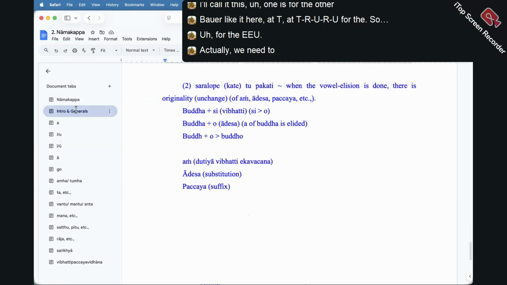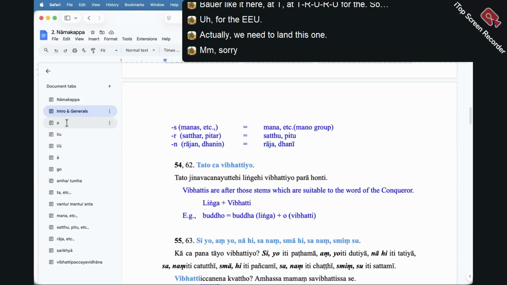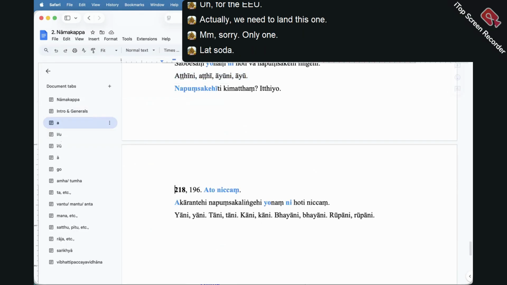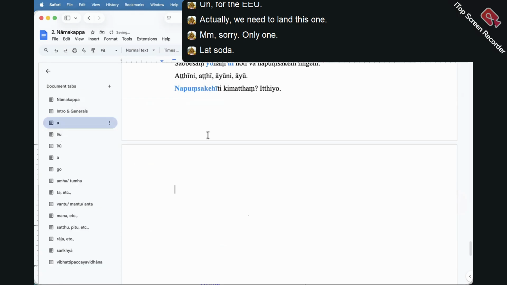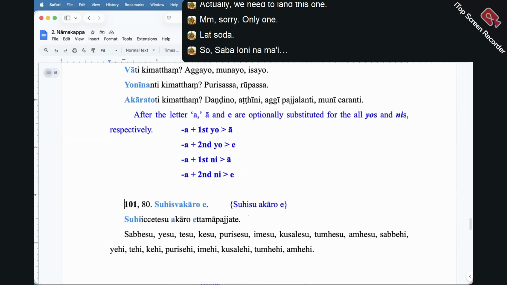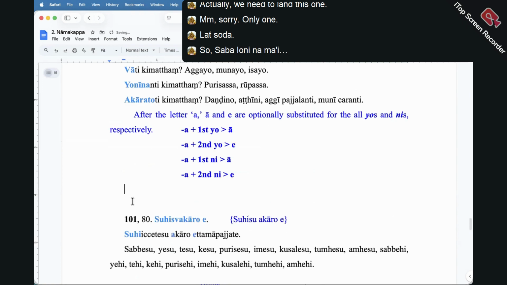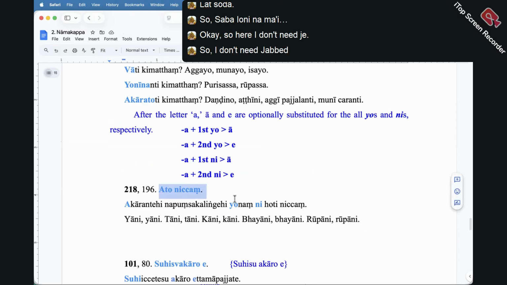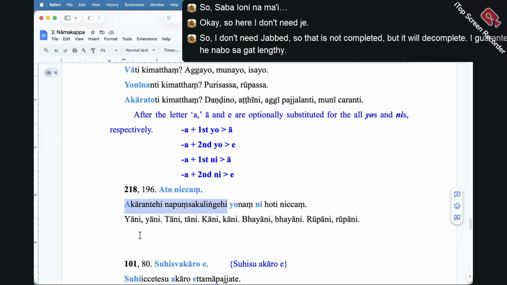Actually, we need to learn this one. Sorry, only one last sutta. So Sabha Yoni Ma A.